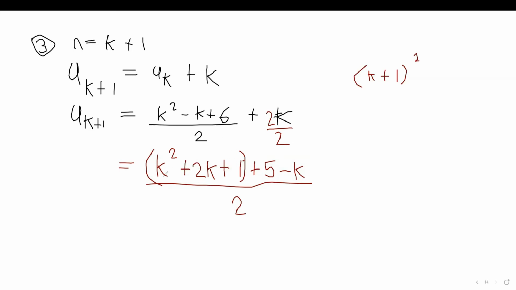So I can replace this with k plus 1 all squared. So now u_(k+1) is equal to this part, k plus 1 all squared, minus k plus 5 over 2.